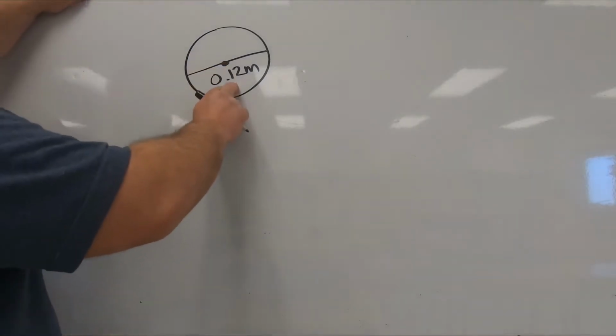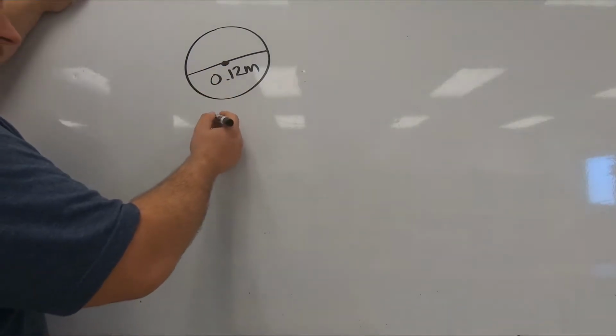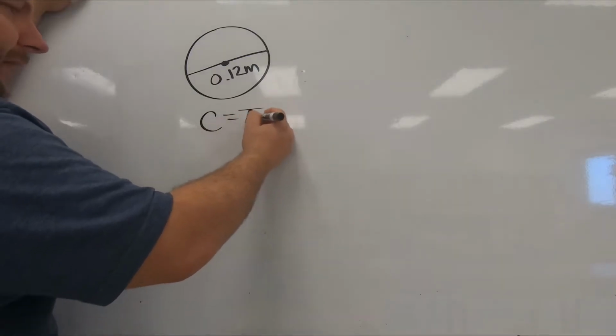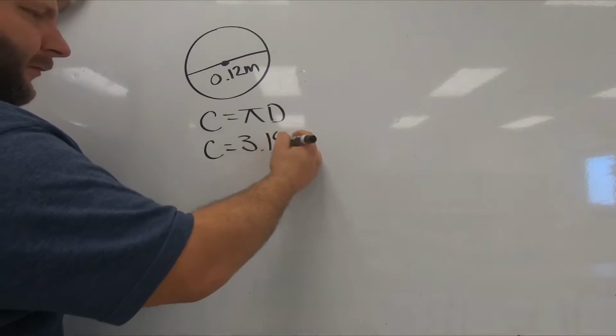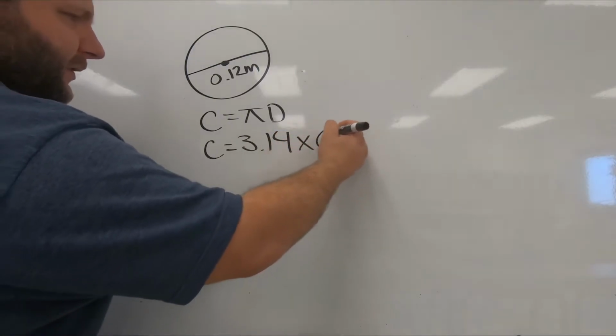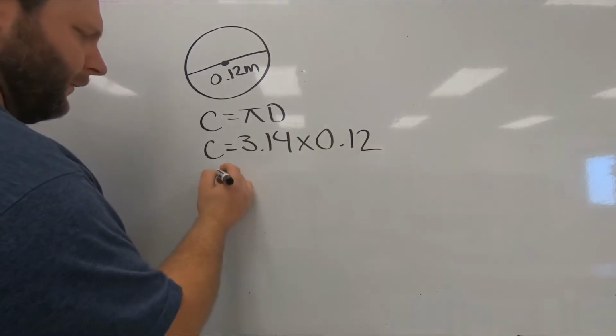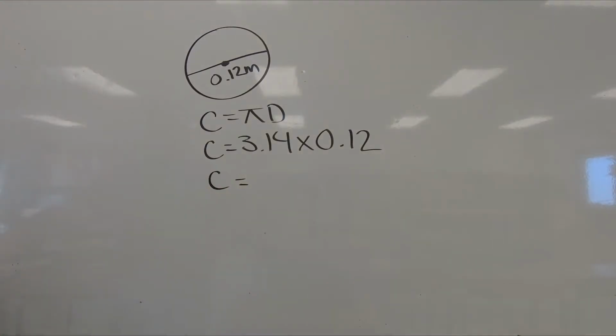So let's start off by doing our multiplication. We want to find our circumference, so we do pi times diameter. Pi is approximated at 3.14, and we're multiplying by 0.12, or 12 hundredths in this case. So go ahead and do your multiplication on the side of the paper. You can follow along and do these with me, or you can just watch and pause when you need to.